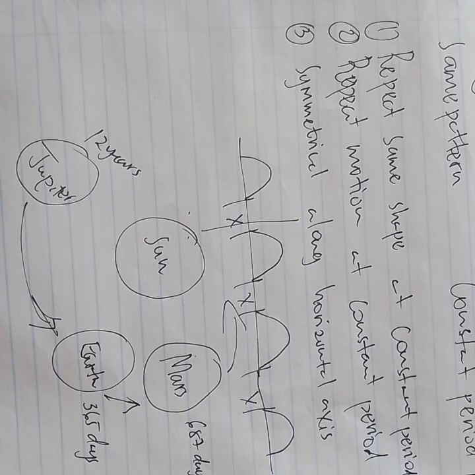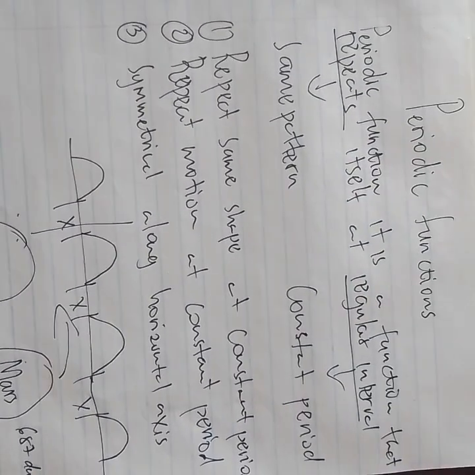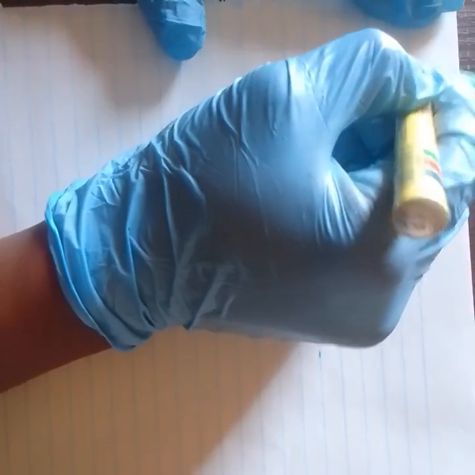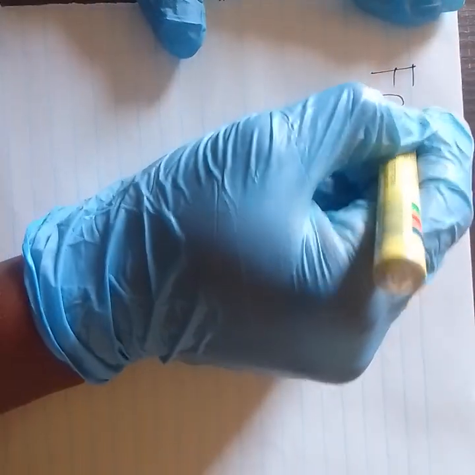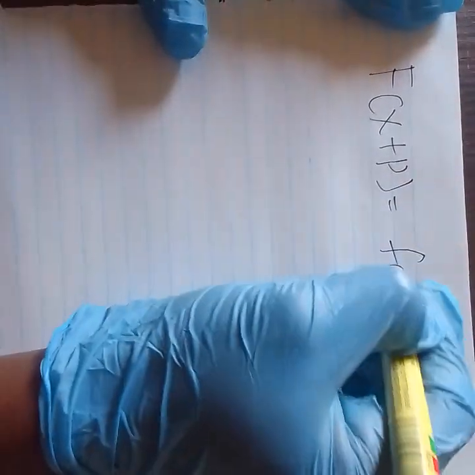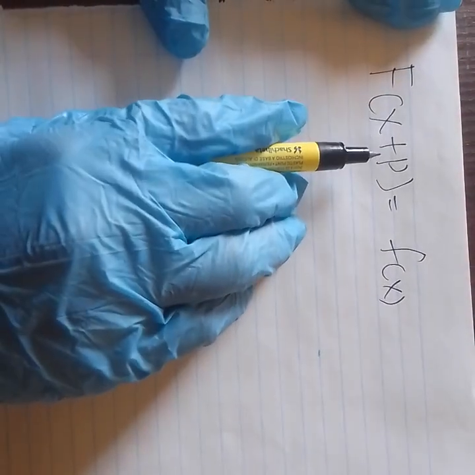Okay, how can we describe a periodic function mathematically? We use the following formula: f(x + p) = f(x). What does this mean?